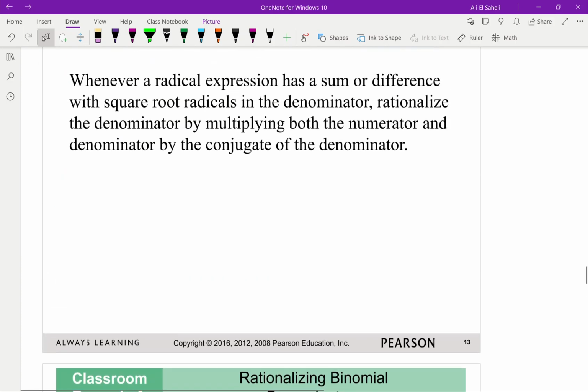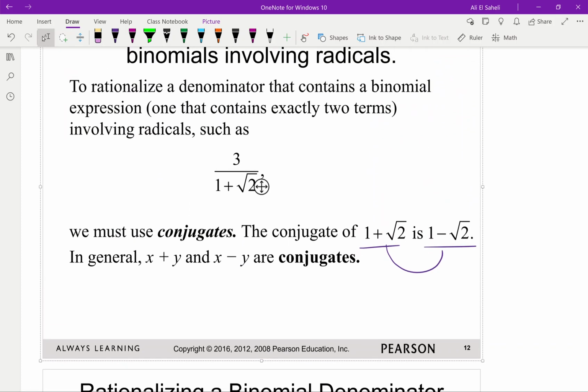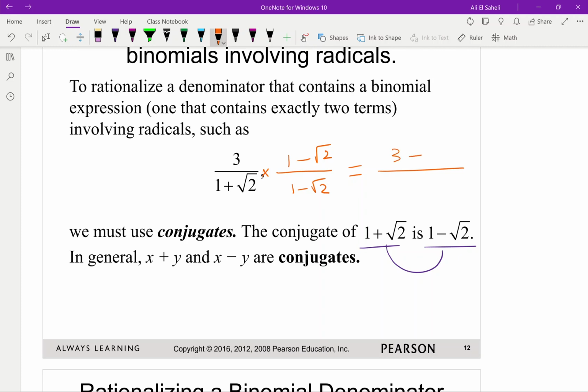All right, so let me do this example here, since we already have it. So what we do here is again, it's a 1. Okay, we multiply by this. Okay, this is a 1. So here what we have, 3 times 1 minus 3 times radical 2. And here we have a squared minus b squared. b is radical 2. Radical 2 squared is 2.